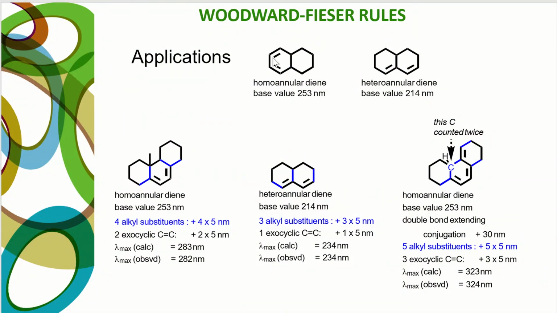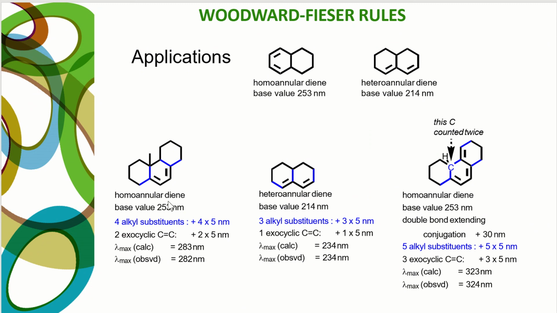So when you have the dienes still conjugated and in a ring, or two rings seen here, but they're in the cisoid arrangement, the base value is 253 nanometers. However, when they're in the transoid arrangement in the form of the heteroannular diene, the base value is now 214 nanometers.